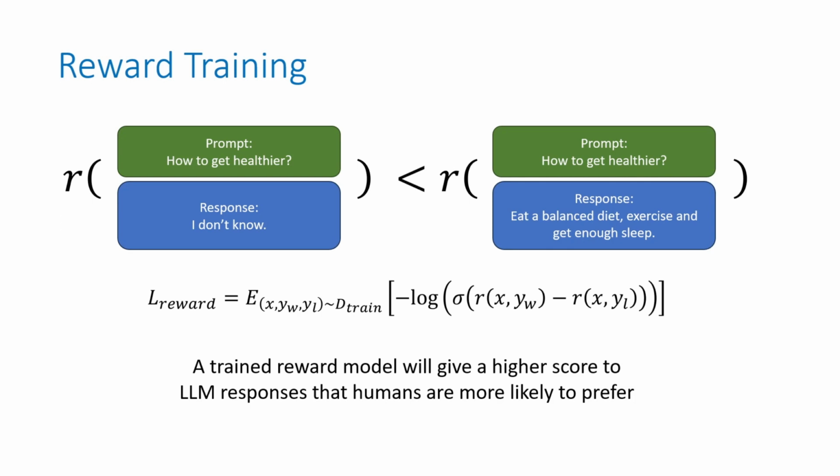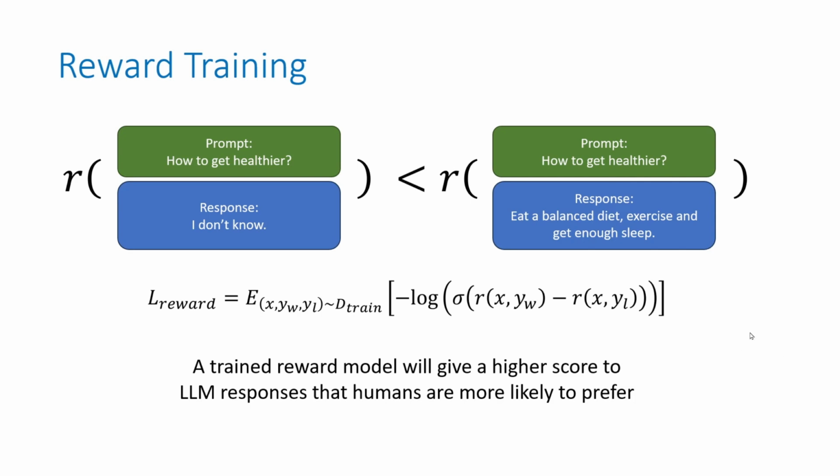Consider a prompt X, which in this case is how to get healthier, and two responses, Y sub W for the winner response, which is eat a balanced diet, exercise, and get enough sleep, and Y sub L for the loser response, which in this case is I don't know. We want the reward of the pair X and Y sub W to be higher than the score of the pair X and Y sub L.